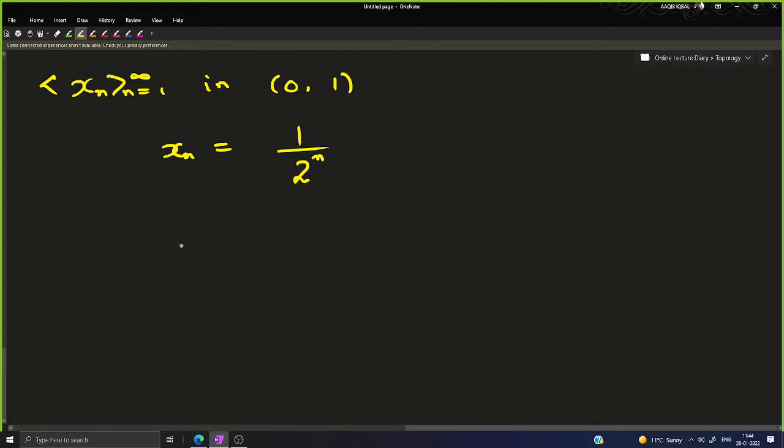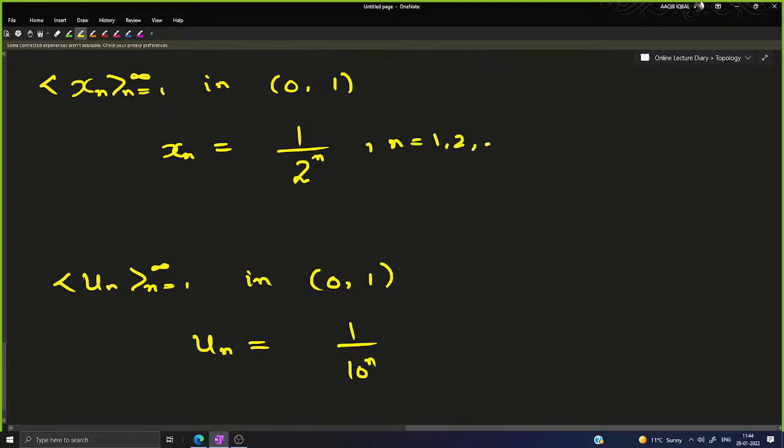And after that let's take another sequence un, n running from 1 to infinity, again in the interval 0 1, and let's suppose in this case un is equal to 1 by, say, 10 power n, for n equal to 1, 2 and so on, and here also for n equal to 1, 2 and so on.